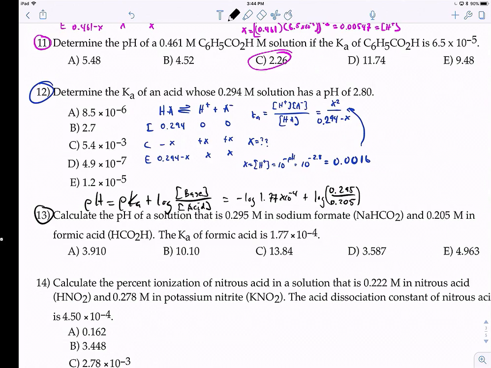The other hint is which one's the acid. The acid is the one that has the extra H, and it's also the one that has acid in the name. So formic acid is the acid because it says acid in it. But the other hint is it has an extra hydrogen.